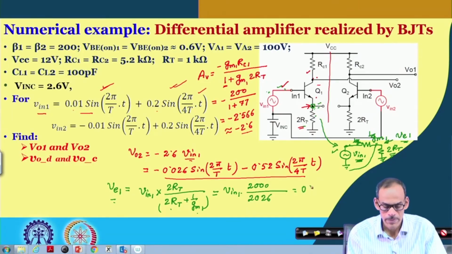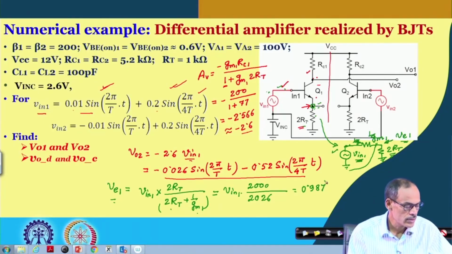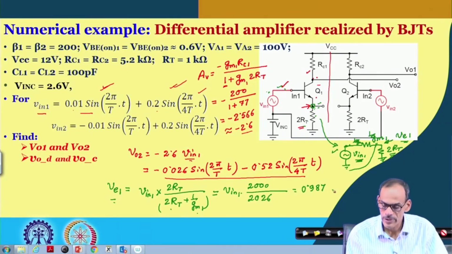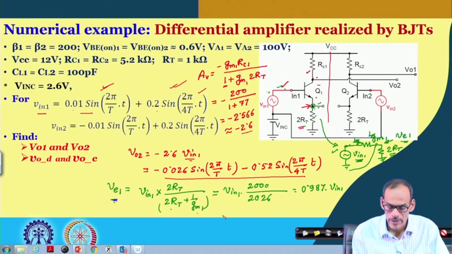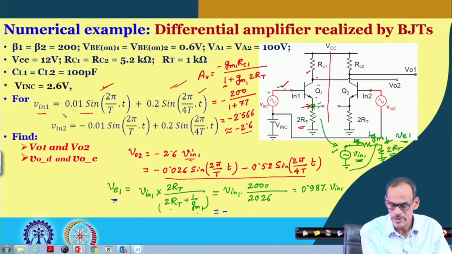This is equal to 0.987. I think that was my calculation, 0.987 multiplied by this Vin1, which means that I do have this signal equal to minus. No, I do not have the minus sign here. I do have the signal coming in phase.